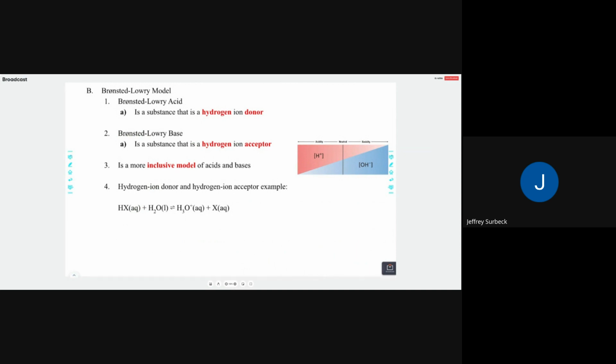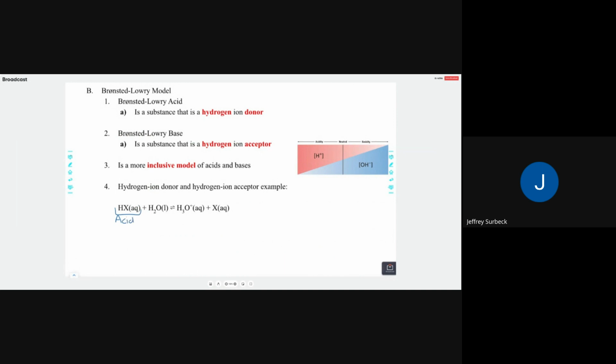Now, I want to just talk about this for example. We have this. Now, HX is not technically a compound, but we can use it for our particular example here. So HX in this scenario is our acid, so I'm just going to label this as our acid.